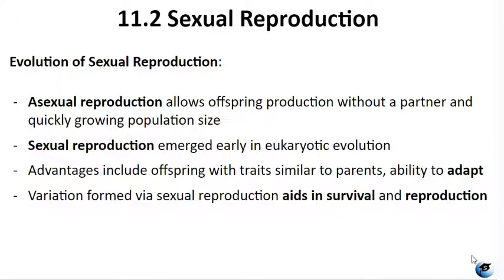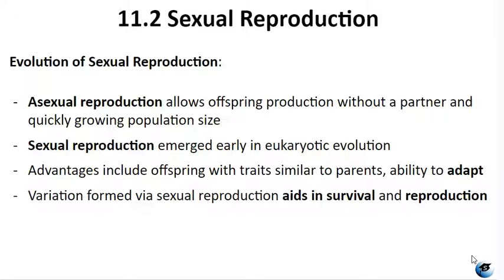Asexual reproduction allows for independent offspring production without the need for a partner, so that's why some organisms retain this ability. Asexual populations can experience faster population growth compared to sexual reproduction. Exclusively asexually reproducing multicellular organisms are pretty rare, and the reason for the prevalence of meiosis and sexual reproduction strategies is still unknown in biology.